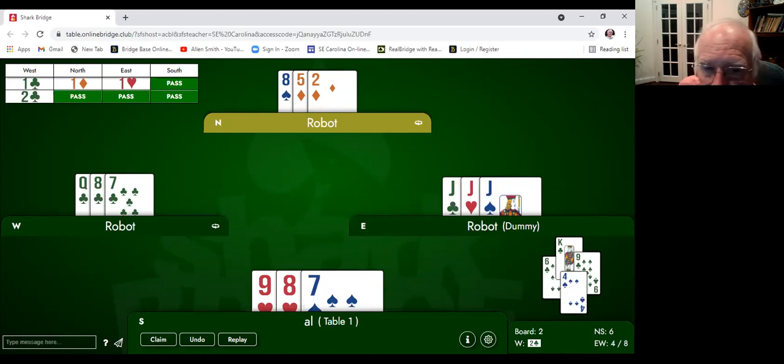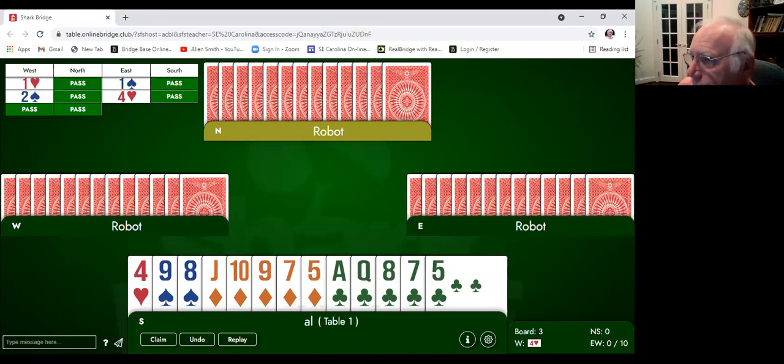The contract level is 2. We've already set him 1 trick. So by using our signals and so forth, we've been able to set this particular contract. Without those signals, we wouldn't have had any chance. He would have made this contract with ease. Okay, being able to talk to each other by the cards that we play is paramount.